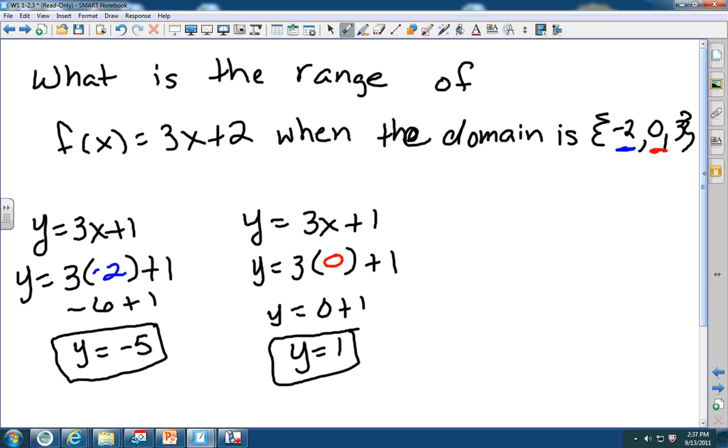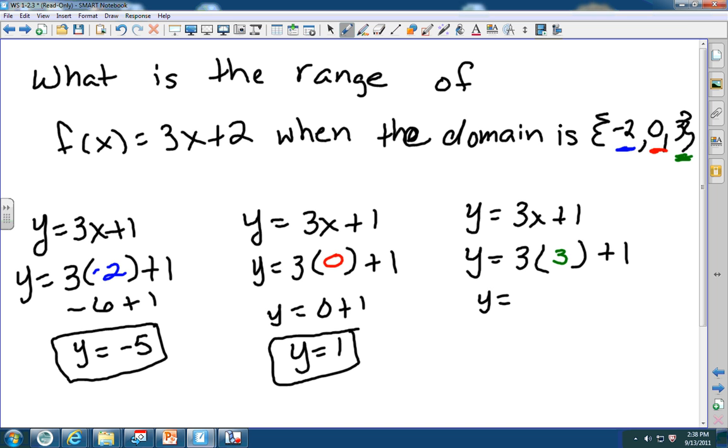The third one up here, that's a 3 in my crazy writing, trying to squish it in. Y equals 3x plus 1. Y equals 3 times 3 plus 1. Well, 3 times 3 is 9 plus 1. Y equals 10.